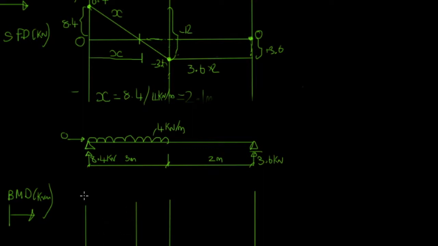So this is point 1, this can be point 2, this can be point 3, and this is point 4. So starting at point 1, we know our bending moment is going to be 0, because we've got a pin support. Looking at our shear force diagram, we've got a positive shear force, so we know our bending moment is going to be increasing from that.